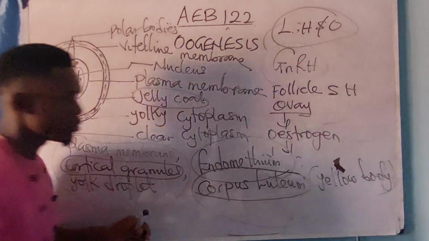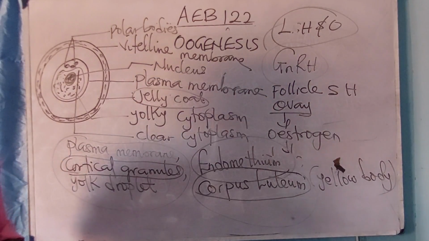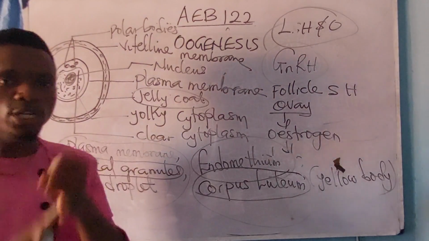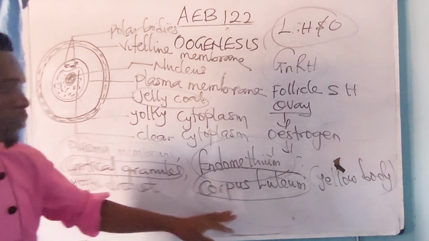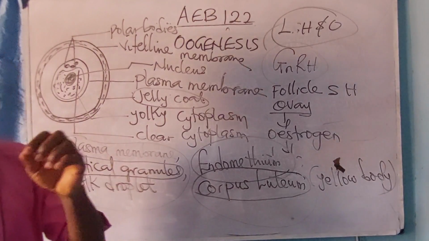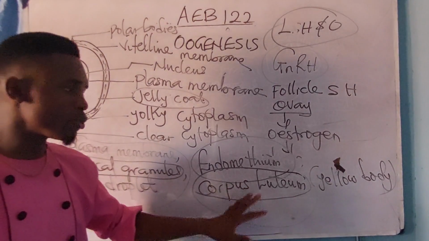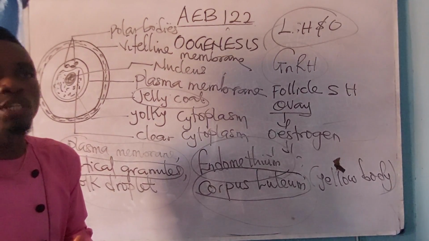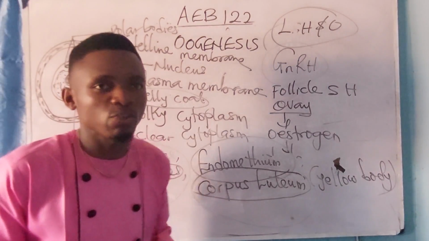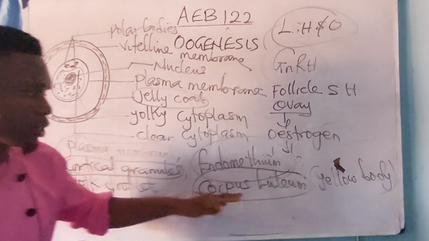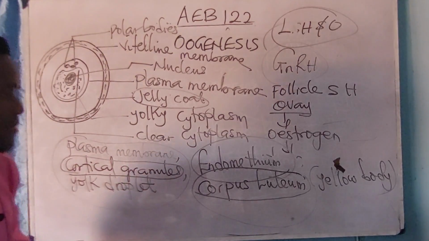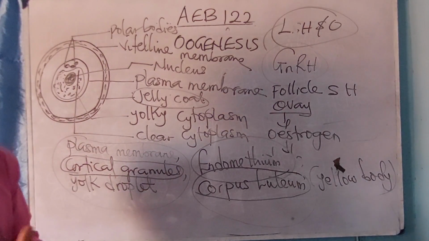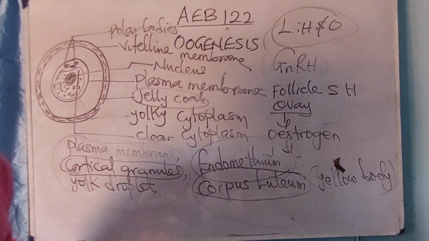Now, this corpus luteum has the ability to produce both progesterone and what? Estrogen. Now, the progesterone is also the female hormone that is produced when the body of the female organism is at what? High temperature. That is when the body of the female is at high temperature.